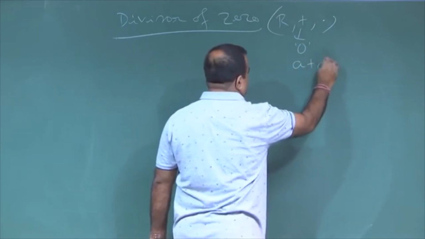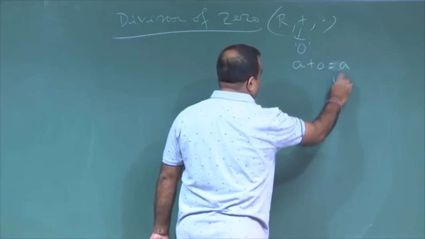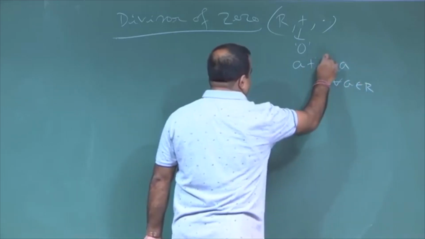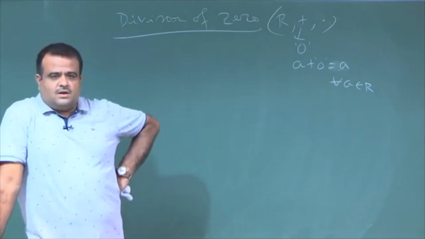So A plus 0 is equal to A, and since it is commutative this is the same as 0 plus A is equal to A. So this 0 is the additive identity of this group.